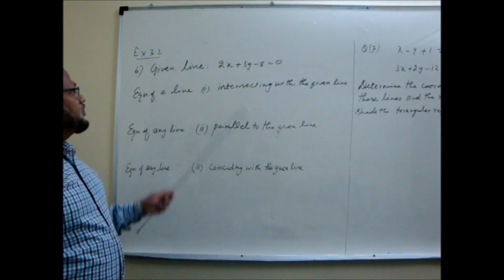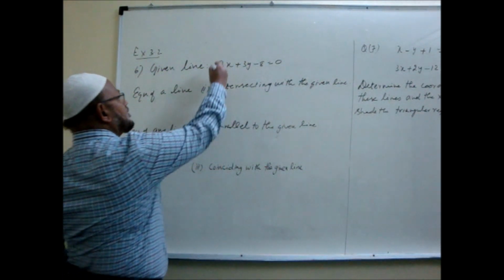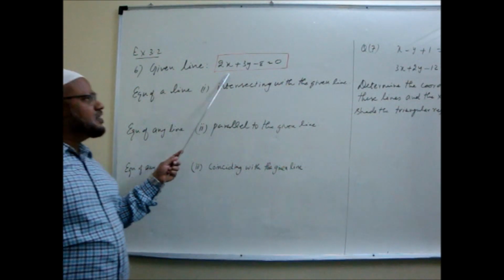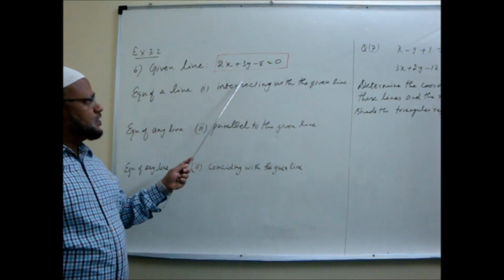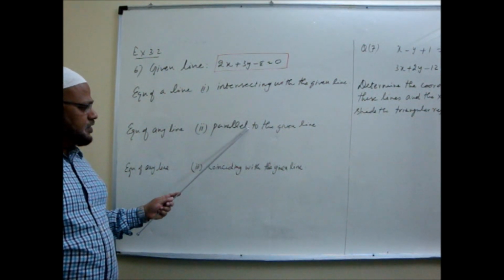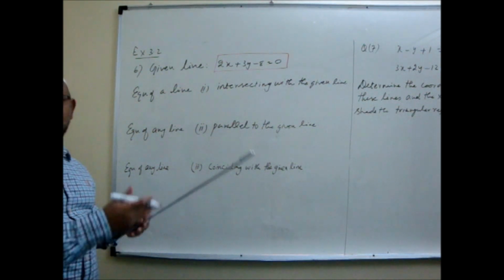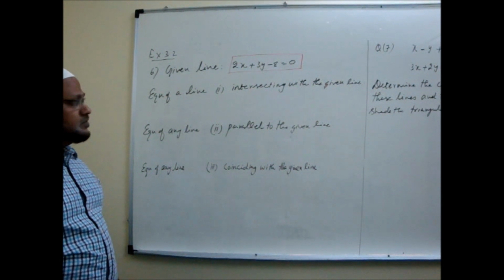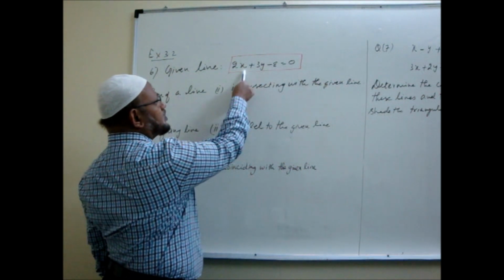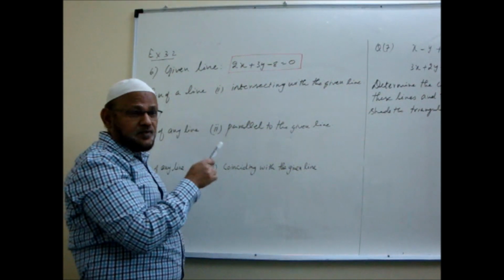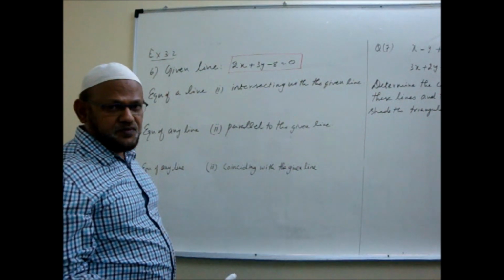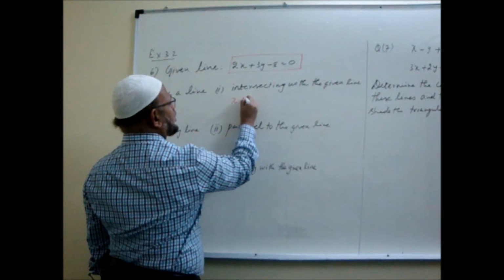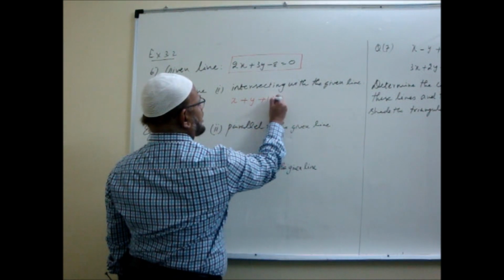In question 6, we are given a line. Simply, they have given the equation of a line. The question asks you to write the equation of any line which is intersecting with it, which will go parallel to it, and which will be coinciding with it. You can write your own equation, any equation. So we have to know the condition. If you want a line intersecting with this, you should keep a1 by a2 not equal to b1 by b2. So write any equation of your own. I will write one equation now, just x plus y plus 10 equal to 0.